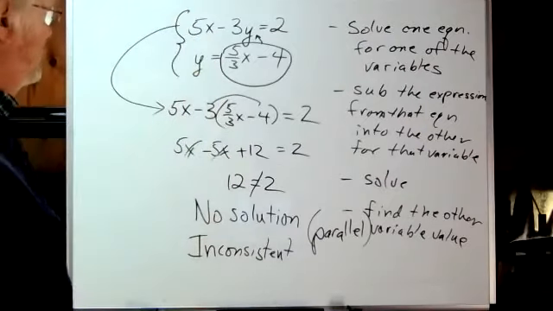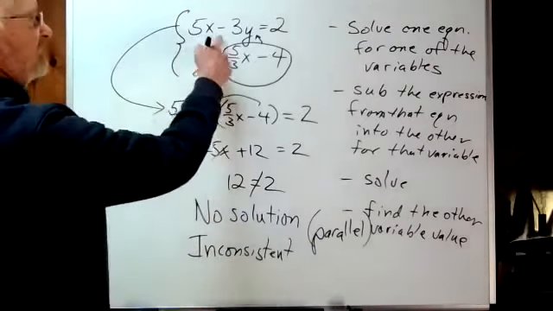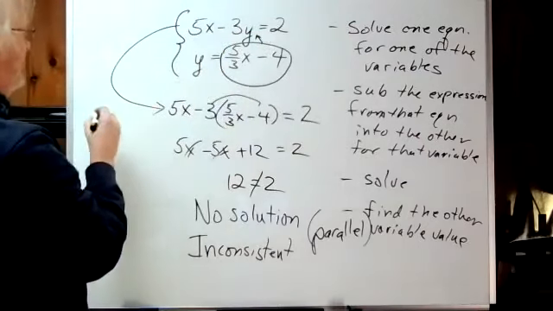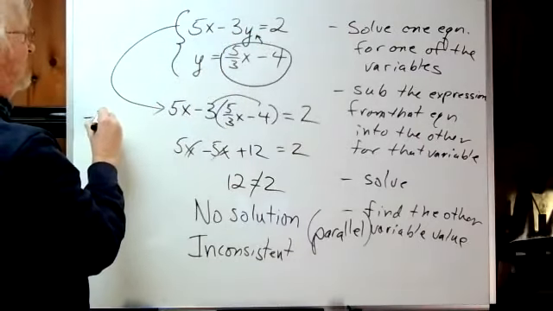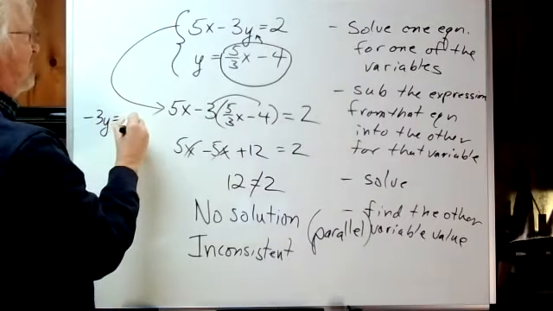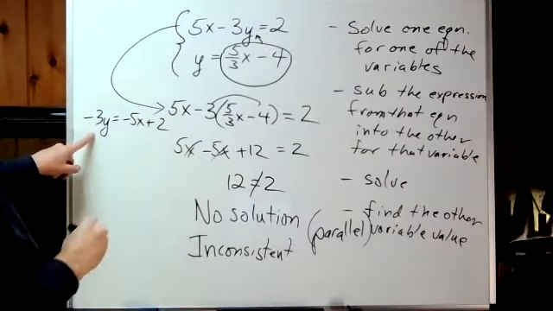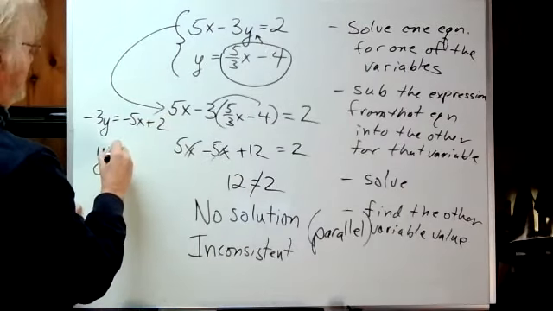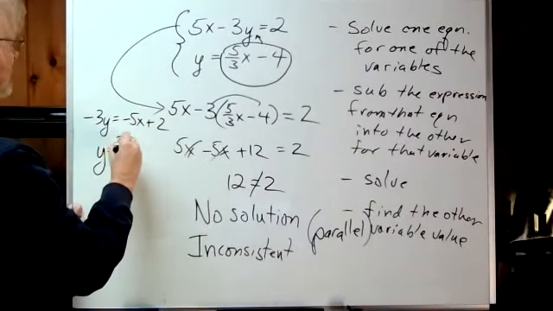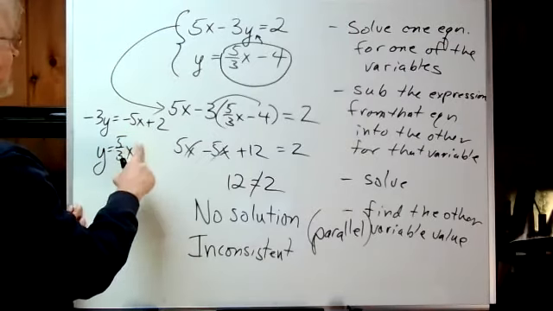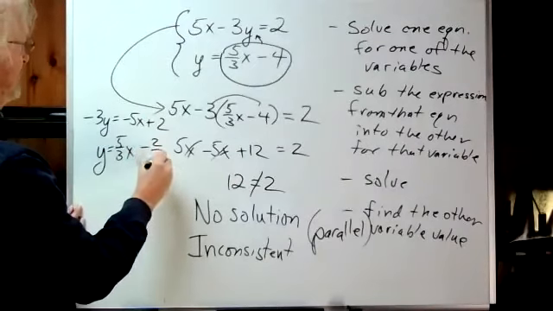If I was to take that first equation and solve it for y, I'm going to move the x's here for a second. Minus 3y equals minus 5x plus 2. And if I divide by the negative 3, negative, negative, I get positive 5/3 x minus 2/3.